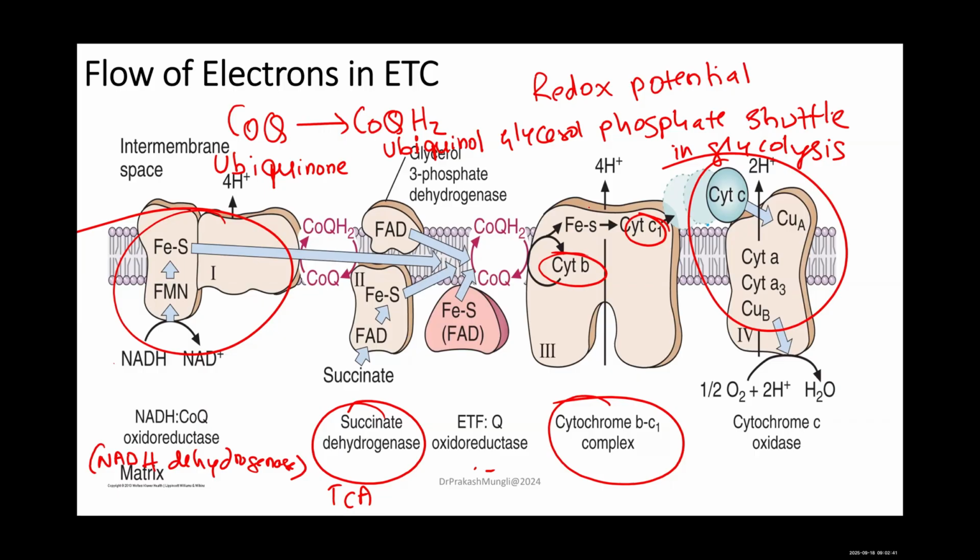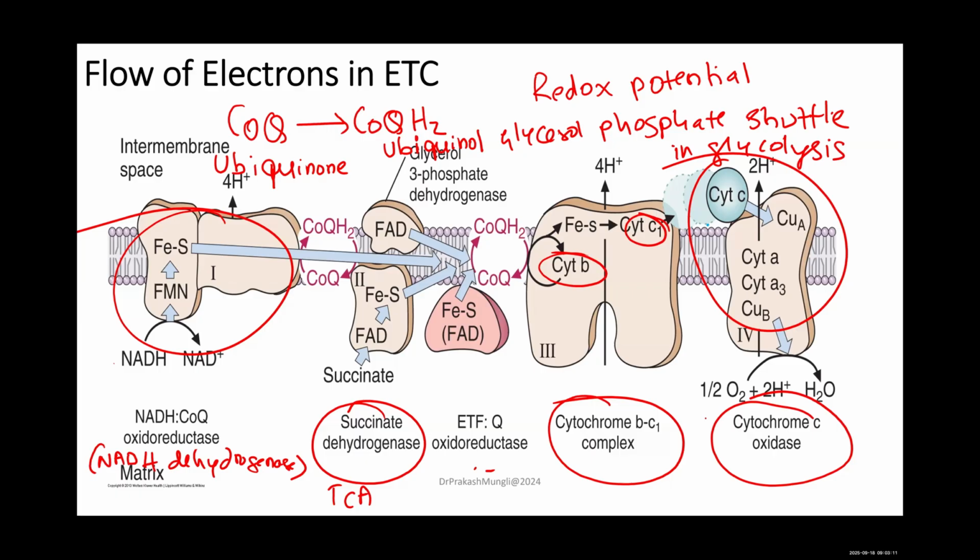Who is going to oxidize that? It is complex 4, which is oxidizing it by taking from it. And that's why complex 4 is called cytochrome C oxidase. See the name? It all explains the function. Complex 4 is oxidizing your cytochrome C by taking its electrons and protons. That's why it is called cytochrome C oxidase.